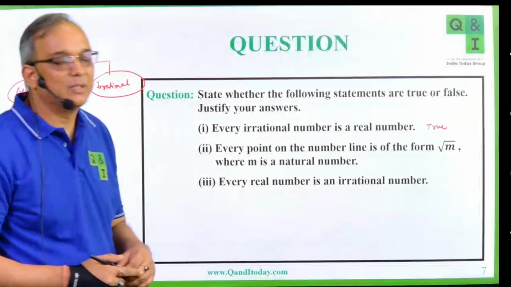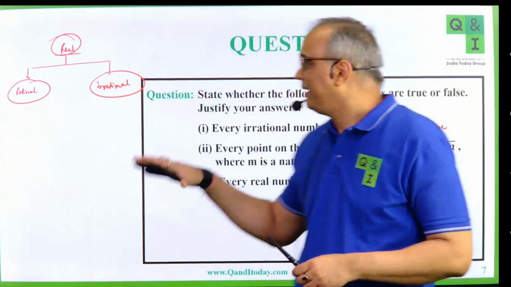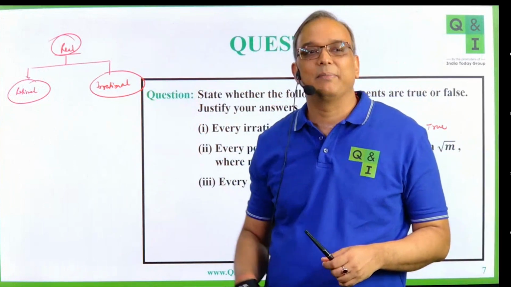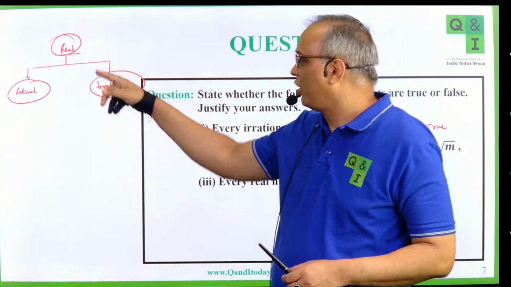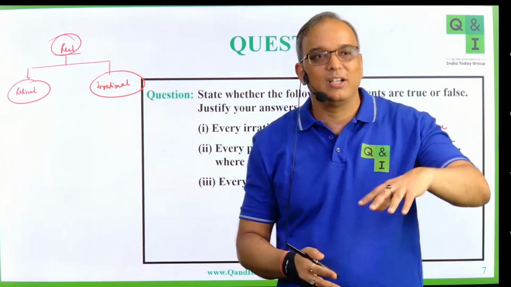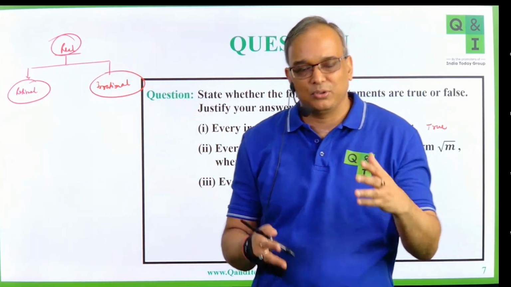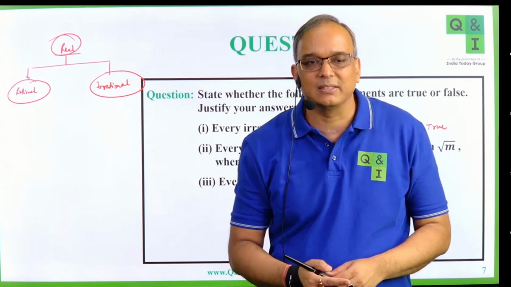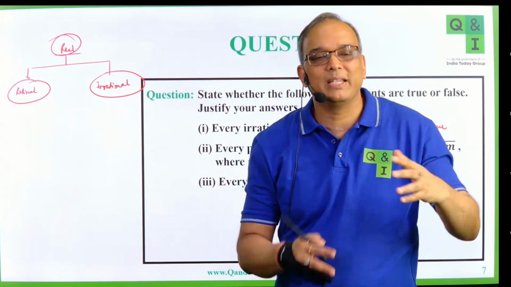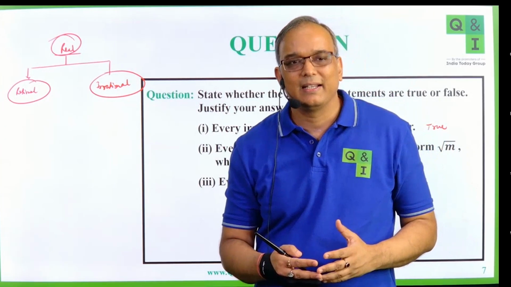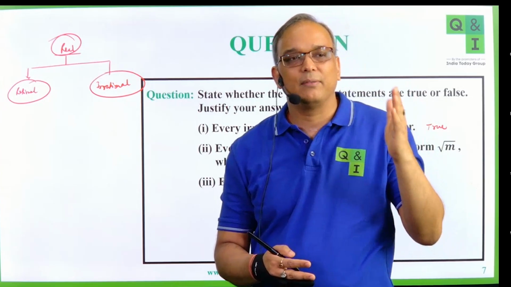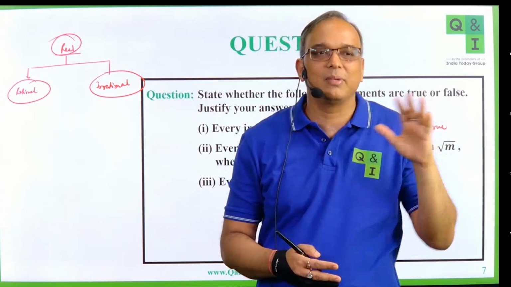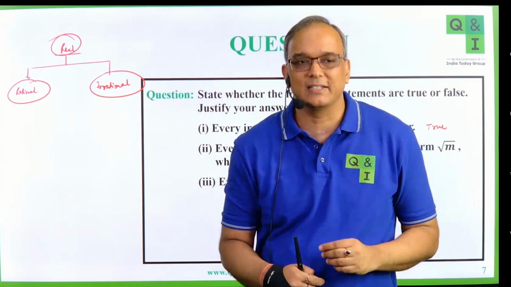As I said, students, in the number system which we studied in the previous class, what we saw was that natural numbers are the smallest such system. So all counting numbers are natural numbers. Natural numbers plus 0 makes whole numbers, right? And then integers: we have positive whole numbers, negative whole numbers, and 0 all together makes integers, right?